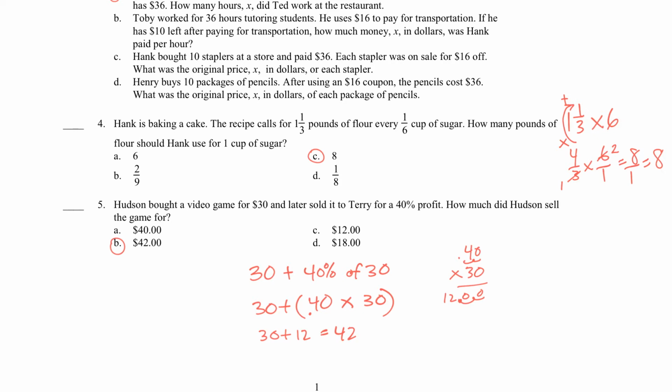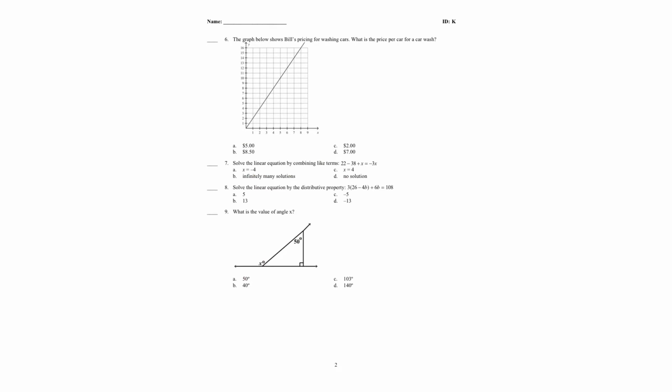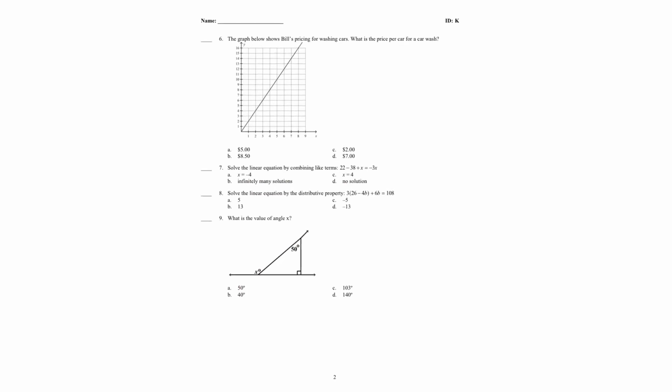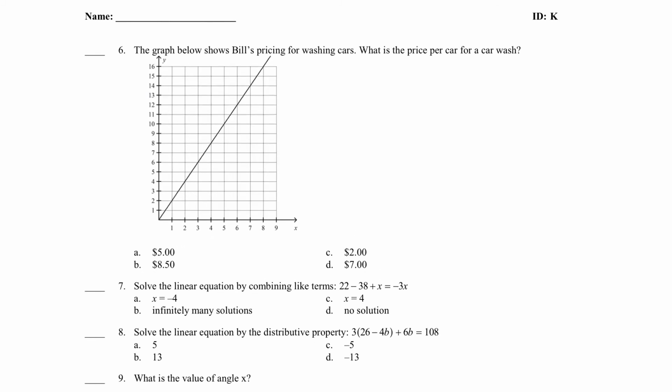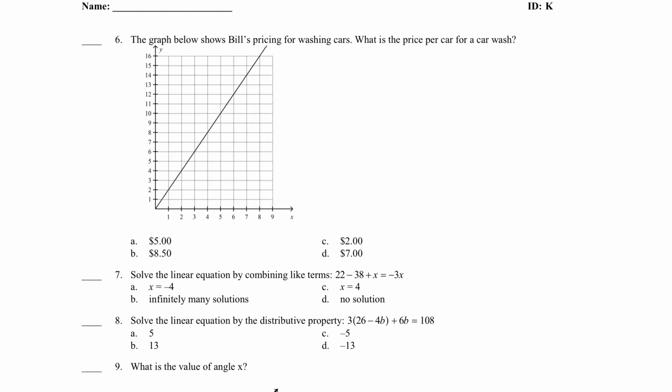All right. I think that's the last one on the page. So let's take a look at number 6 here. The graph below shows Bill's pricing for washing cars. What is the price per car for a car wash?